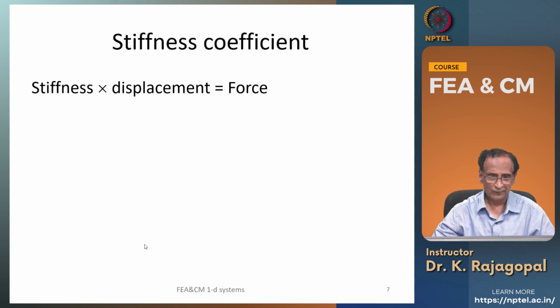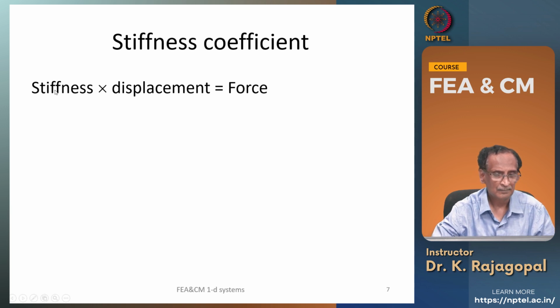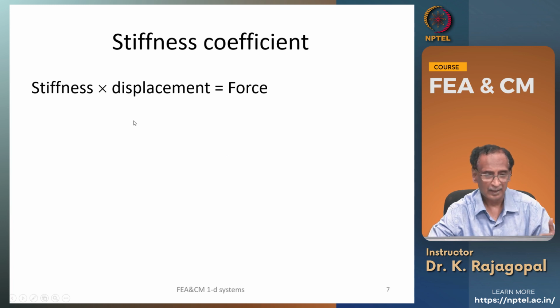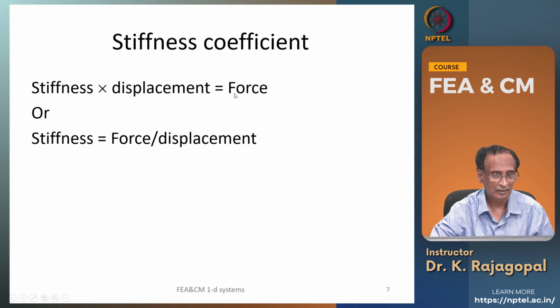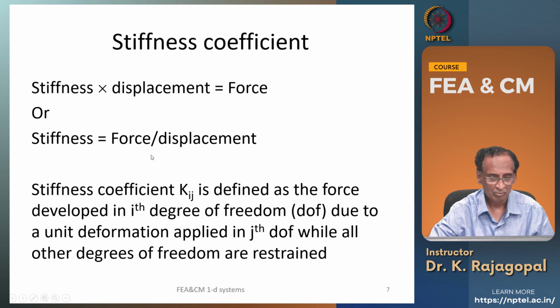So, this stiffness coefficient is required because we require to calculate the reaction force, that is calculated as stiffness times displacement, and that is equal to the applied force on the right hand side, okay. Or the stiffness is a force divided by the displacement, okay.